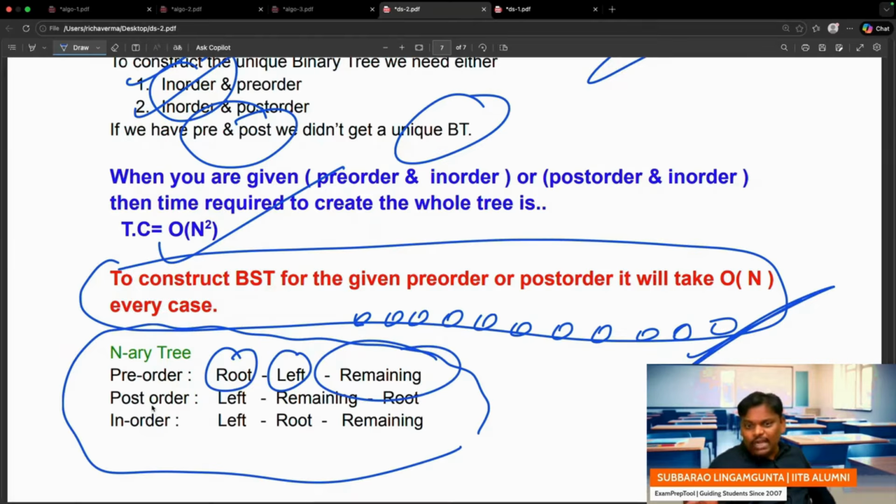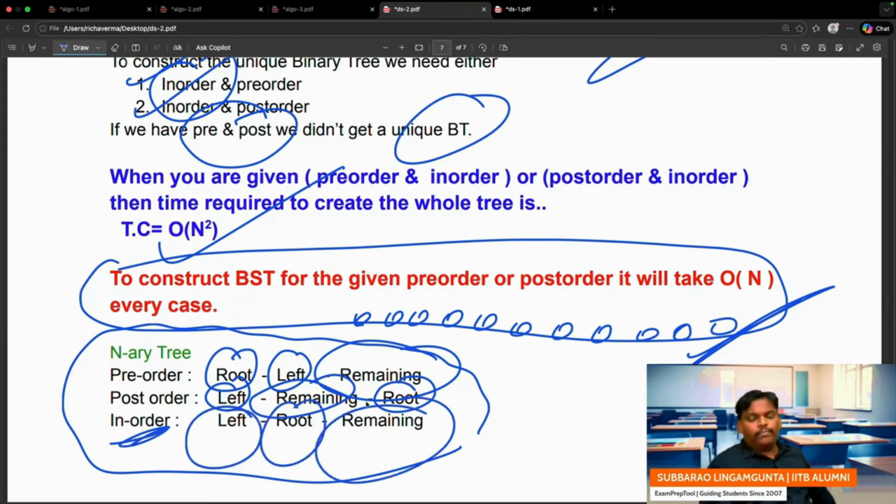Post-order means root last: first left, then the remaining, then root. What is the in-order? This is very, very important. Here you may be confused. In-order means the root is in between: first left, next root, then the remaining come on the right. Remember, the remaining will come on the right place. Be careful.